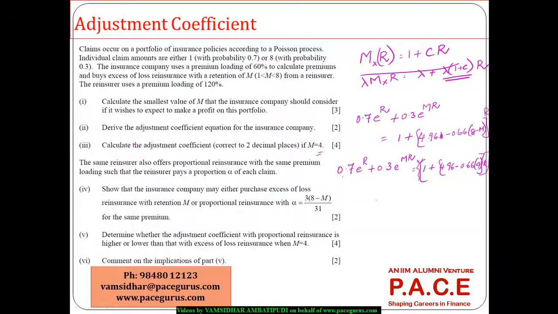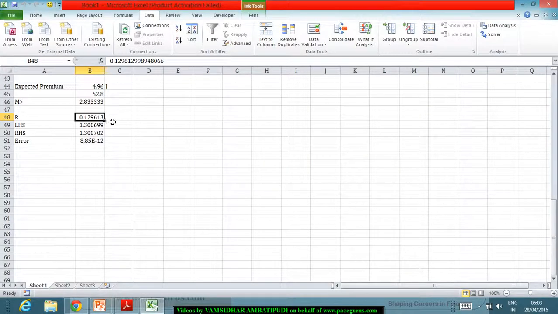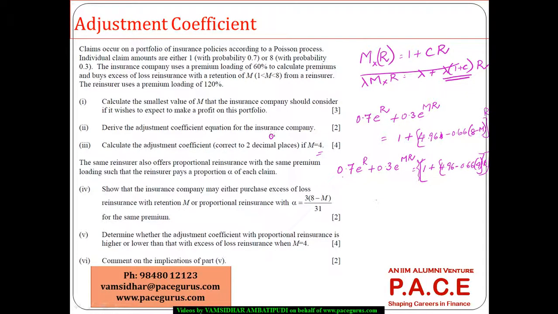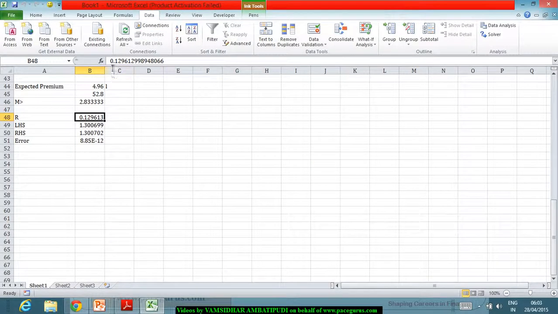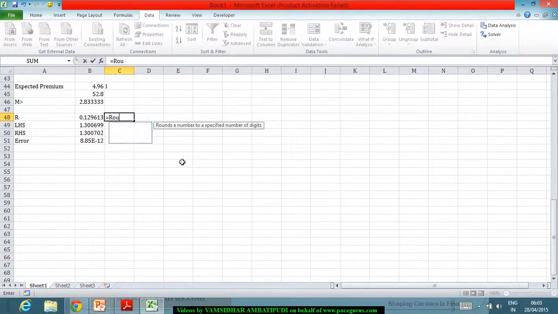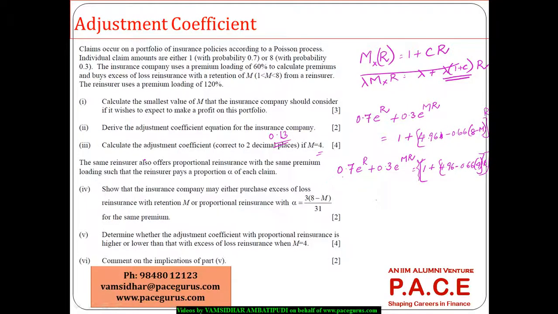So here I am getting my adjustment coefficient, and if I correct it to 2 decimals, it would be somewhere around 0.13.